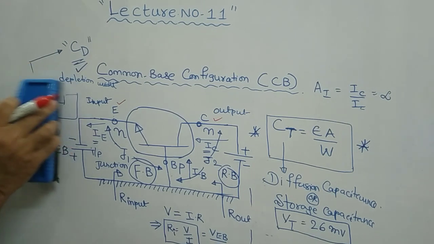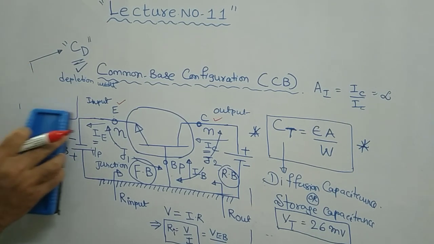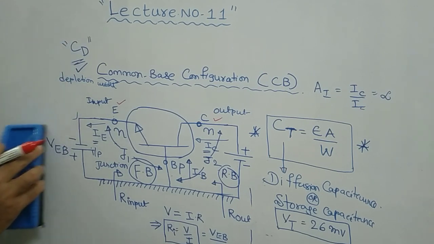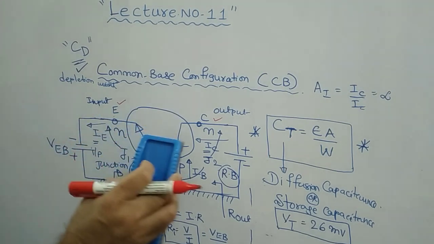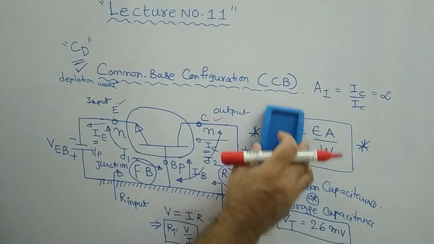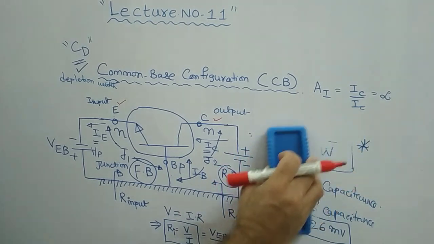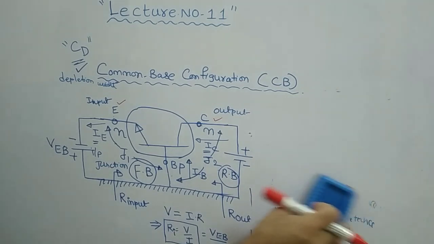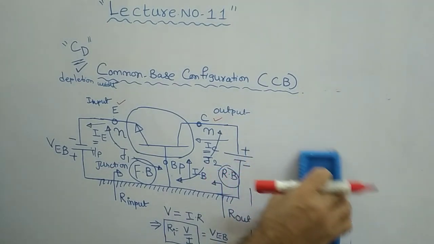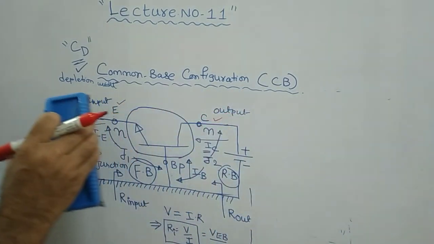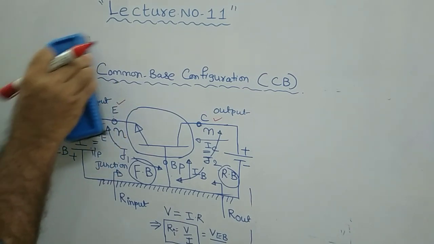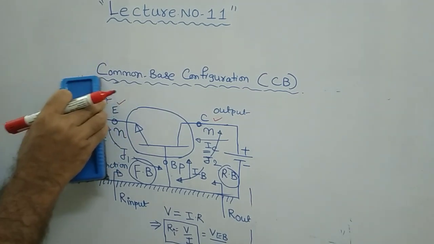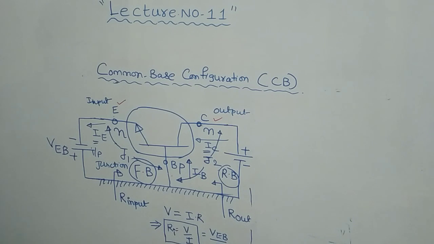Just focus on this particular circuit diagram. This expression is also not required. So if you just focus on this particular circuit, this is a very important configuration, the common base configuration circuit, right?